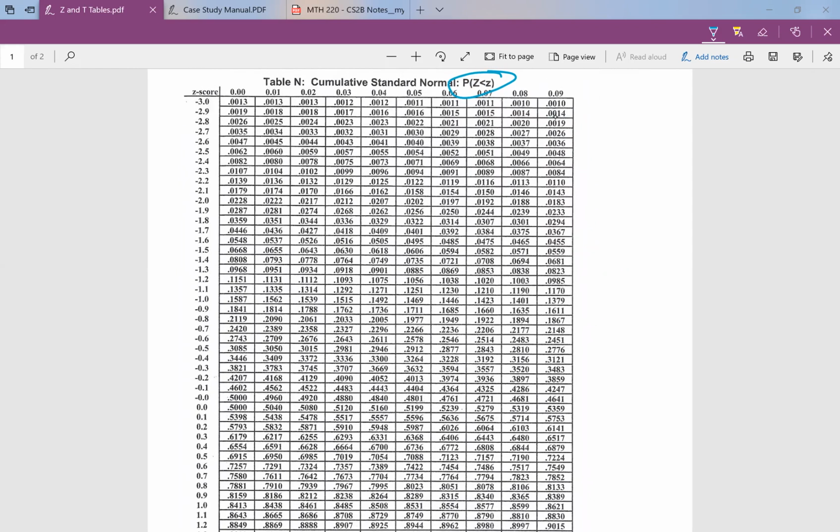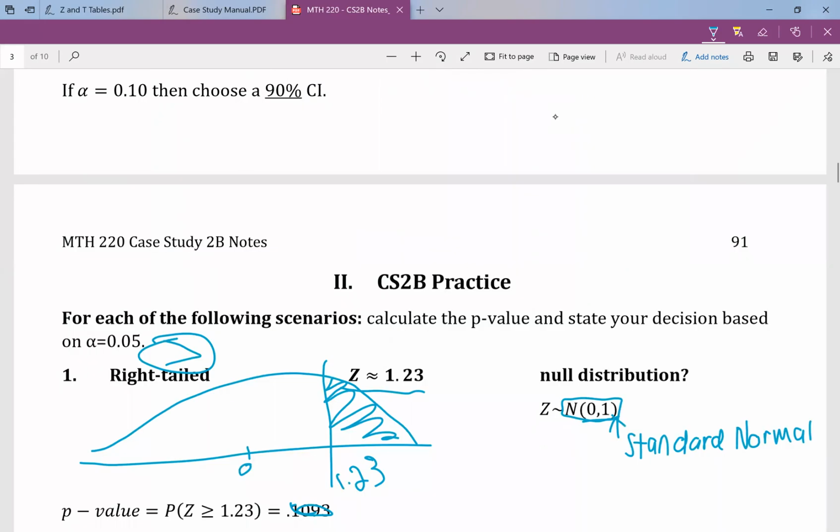If we're looking up the number 1.23, we come down this side looking for 1.2, but we also want 1.23. So we look at 0.003, and where these lines intersect is right here at 0.8907. That's the area to the left. How do we get the area to the right?